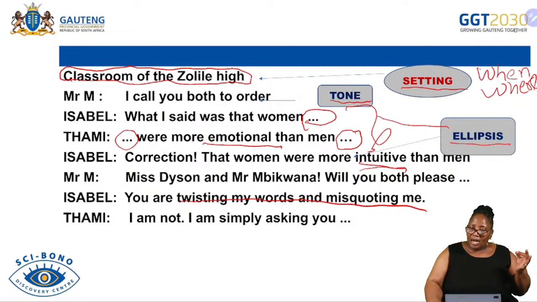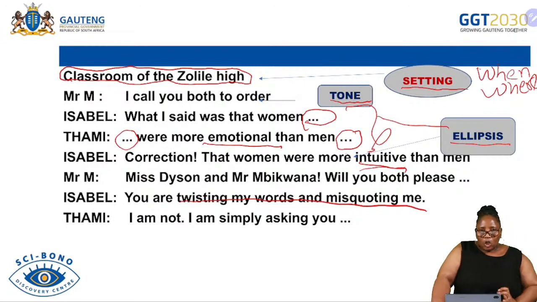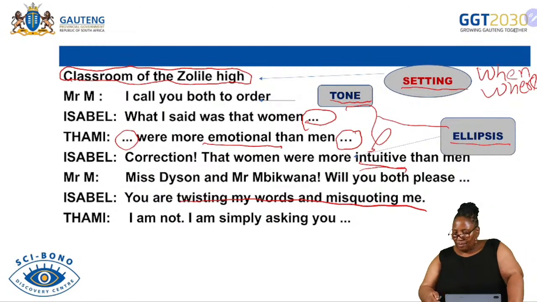But when you are intuitive, you use insight, you look and study a situation. So Isabel says, you are twisting my words and you are misquoting me. You don't say things as I said. And Tammy says, I am not. I'm simply asking you.